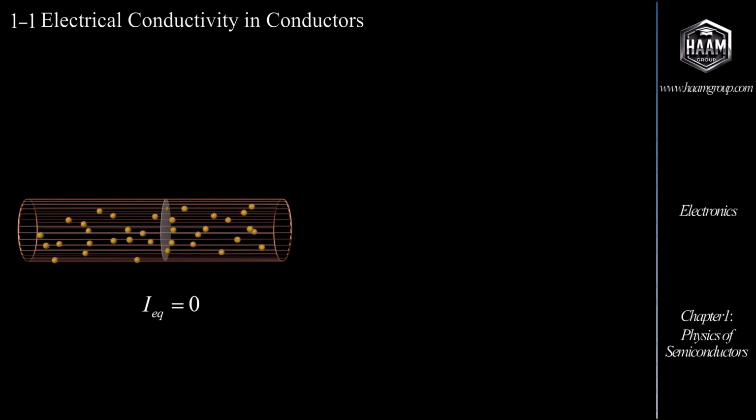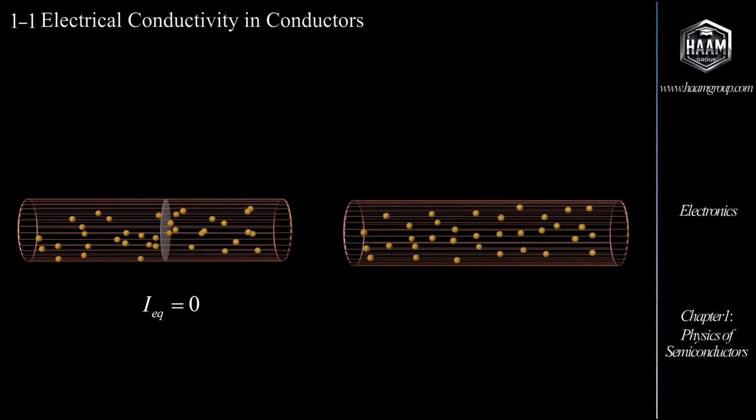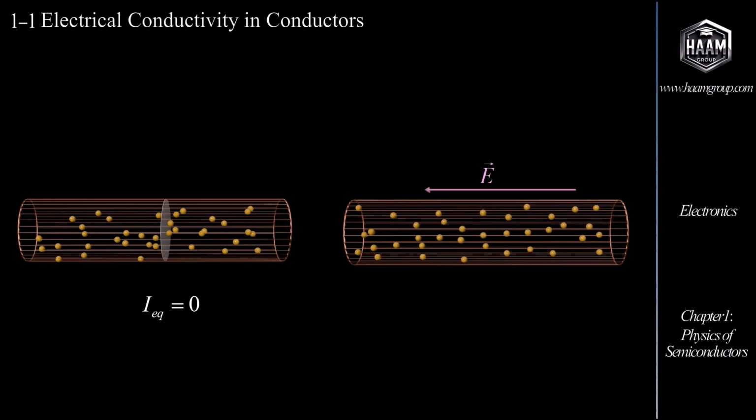there is no current. However, when a potential difference is applied across the two ends of a conductor, the electrons experience a force from the field in the direction opposite to the field, and they begin to move. In this case, if we consider a cross-section, a quantity of charge ΔQ passes through that cross-section during a time interval ΔT, generating a current.